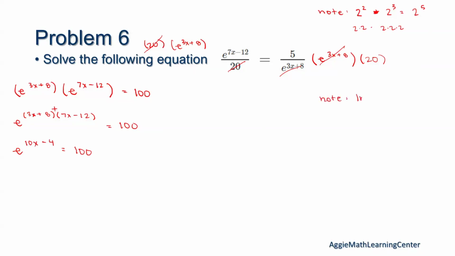The natural log of e to the x is just x, right? So if we take the natural log of this side with the e, our result is just going to be whatever is in the exponent. But I have to do it to both sides, so I'll be left with the natural log of 100 on the other side. Are there any questions on how I did that verbal step?